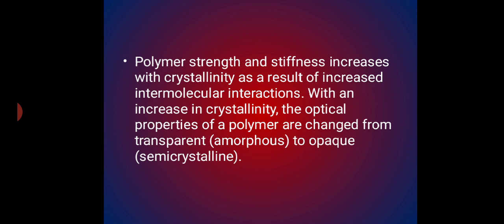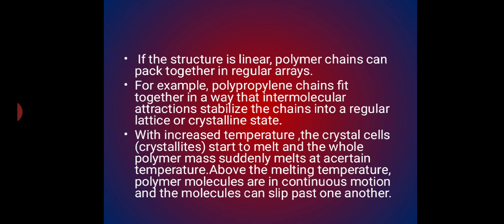So if the polymer is amorphous in nature, with the proper arrangement of monomers in the system, the amorphous form gets converted into an opaque, semi-crystalline form. If the structure is linear, the polymer chains can pack together in regular arrays.